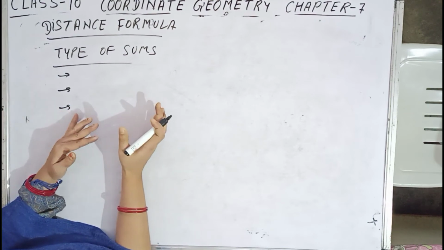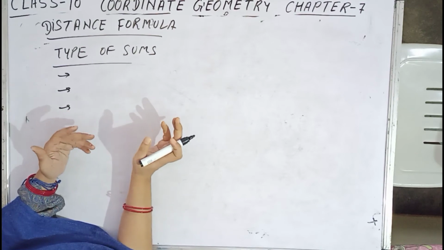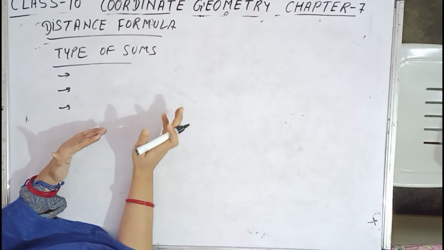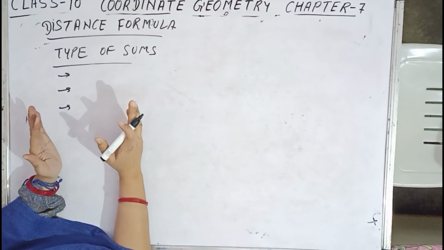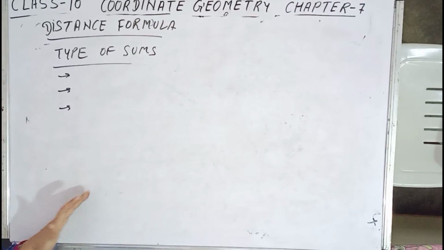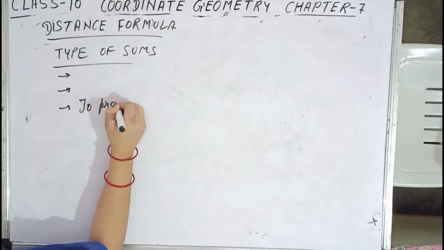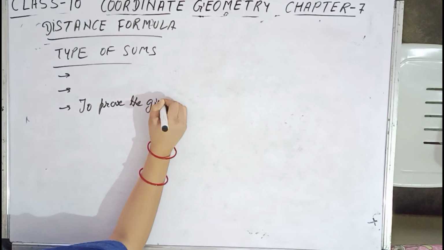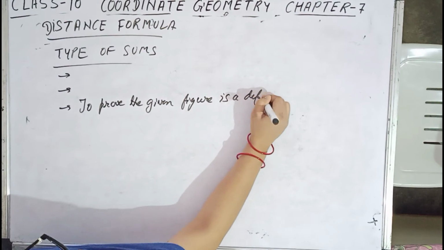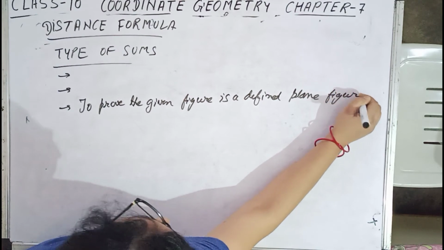For dealing with those sums, you should know the properties of the square, rectangle, parallelogram, rhombus, the plane figures, but the properties in terms of the sides, not the angles. So write: the third type of sum is to prove the given figure is a defined plane figure or not.